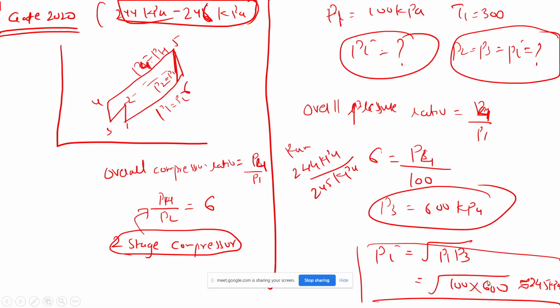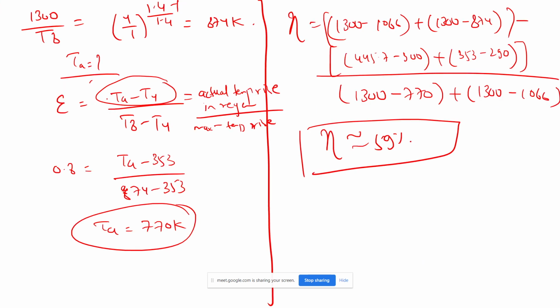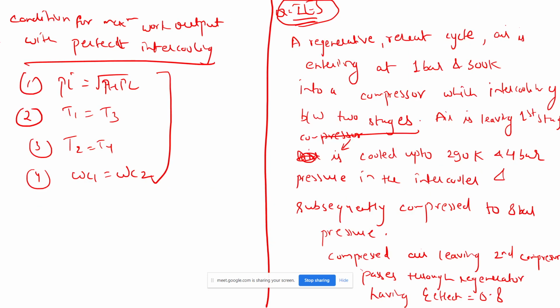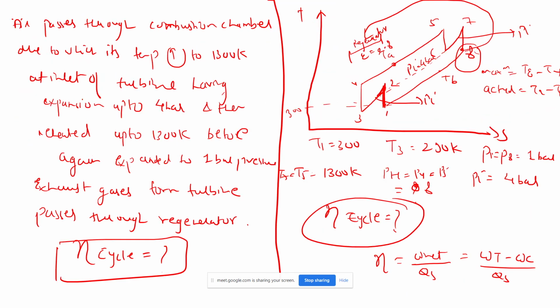Sometimes we can't use this condition. If they mention ideal intercooling, then it is perfect intercooling only. If they do not mention ideal intercooling, then they will give the temperature T3, like in the previous problem where they mentioned that T3 is 290 Kelvin.